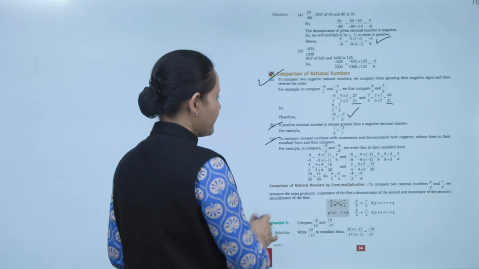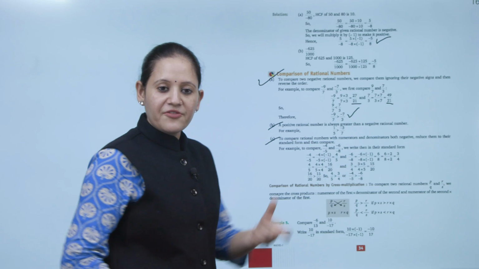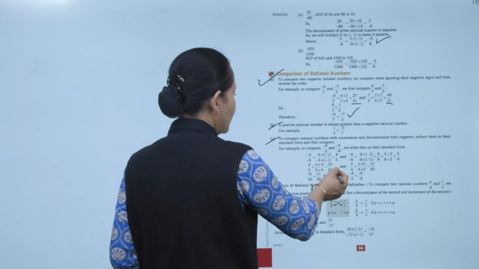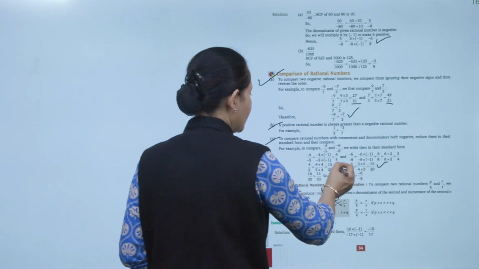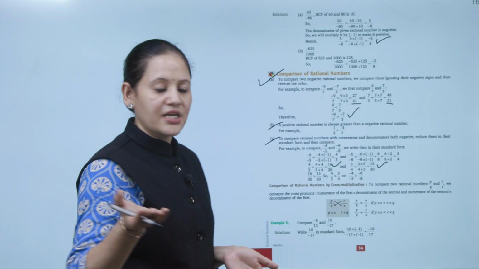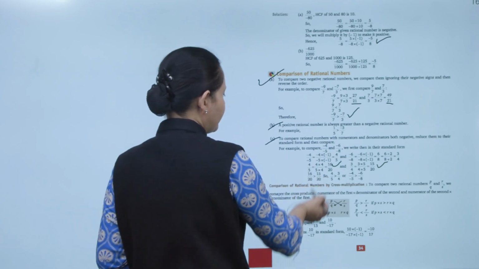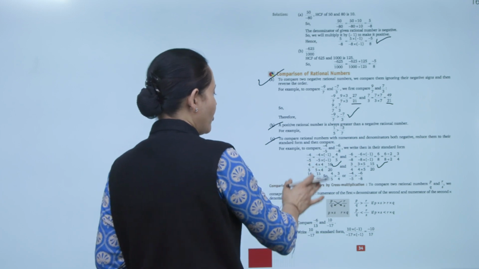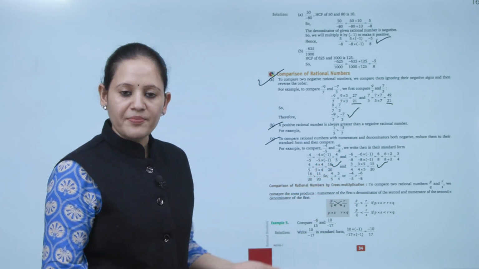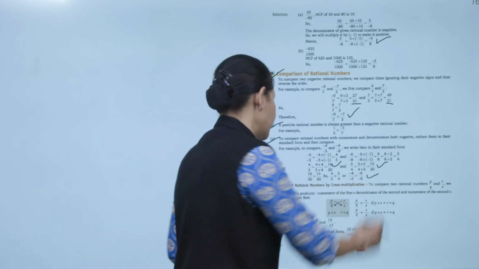Now we can compare 4 by 5 and 3 by 4. First we'll take the LCM and make the denominator the same, that is 16 upon 20 and 15 upon 20. Now the denominators are the same, so we'll compare the numerators. So 16 upon 20 is greater than 15 upon 20. So we can say 4 by 5 is greater than 3 by 4, or we can say minus 4 upon minus 5 is greater than minus 6 upon minus 8.